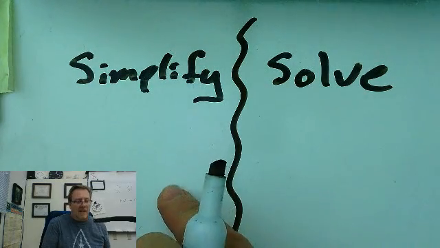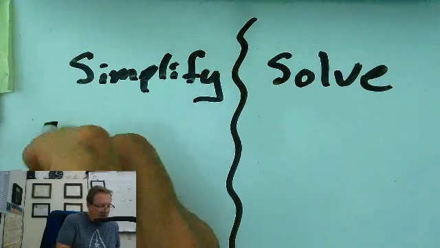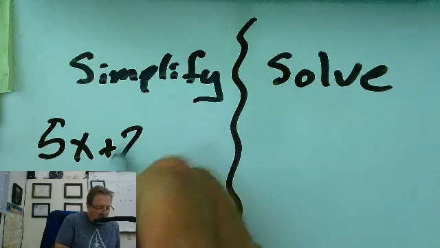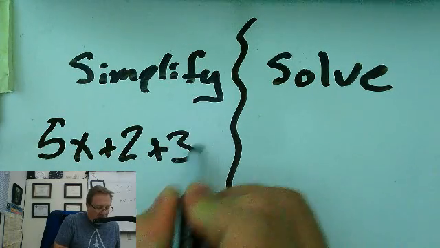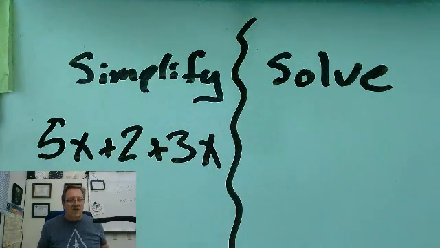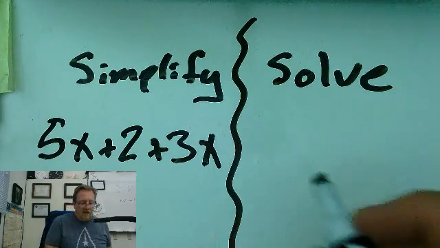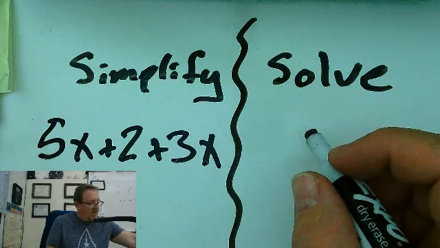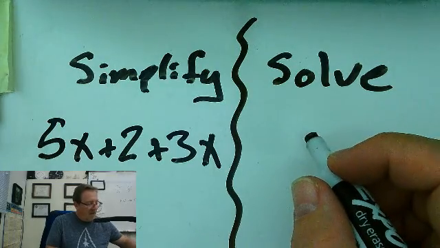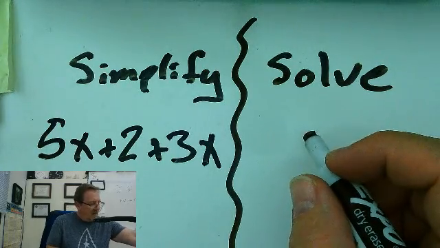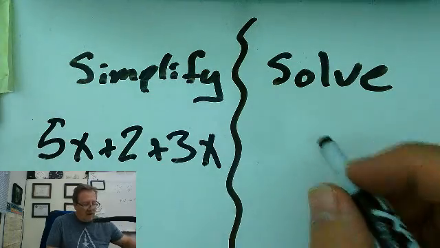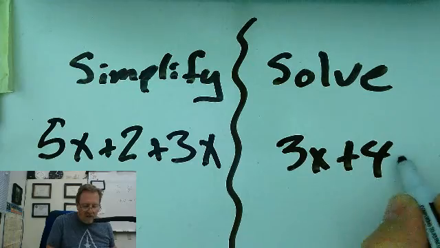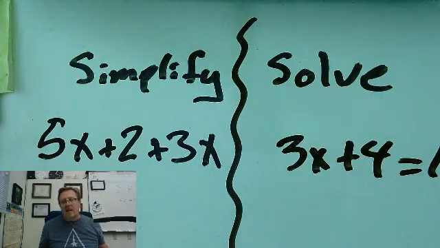We simplify expressions, and an expression is something like 5x plus 2 plus 3x. That's an expression. On the other hand, we can solve equations. And equations are something like 3x plus 4 equals 10.